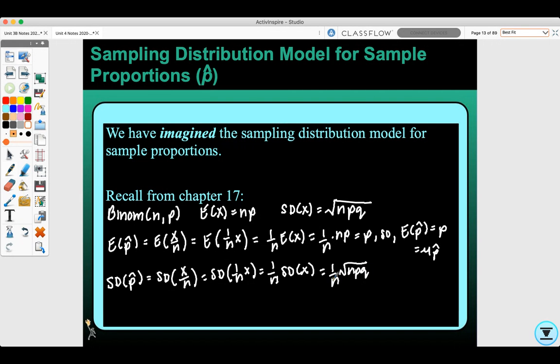If I multiply through by 1 over n, this would become the square root of npq all over n squared, which would just become the square root of pq all over n. So my standard deviation of p-hat equals the square root of pq all over n, which is also known as sigma p-hat.